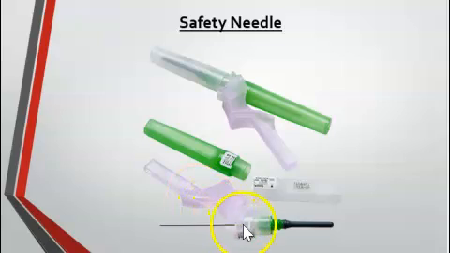So if we jump down here, this is the exact same needle, we just have removed the two caps. So again, this is the double-sided needle. We've removed this green cap, so we have exposed the needle. This is the bevel right here. This is the end that's going to go into the arm.